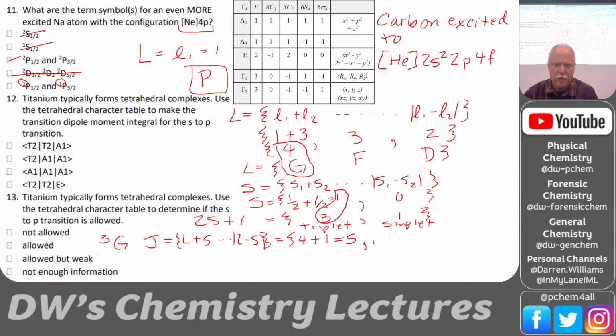Okay, 5, 4, 3, and then 4 minus 1 is 3, so we're done. So we have 5, 4, and 3. So our 3 terms for the triplet G would be a triplet G5, a triplet G4, and a triplet G3. There you go.